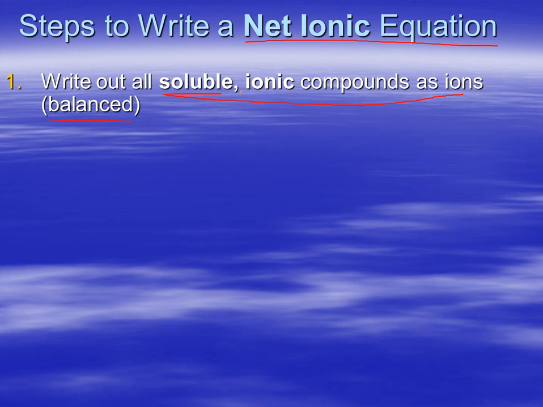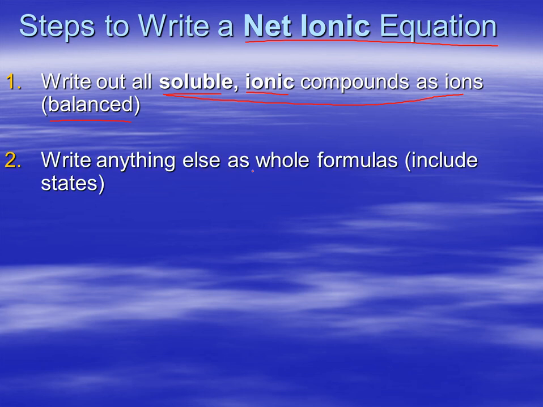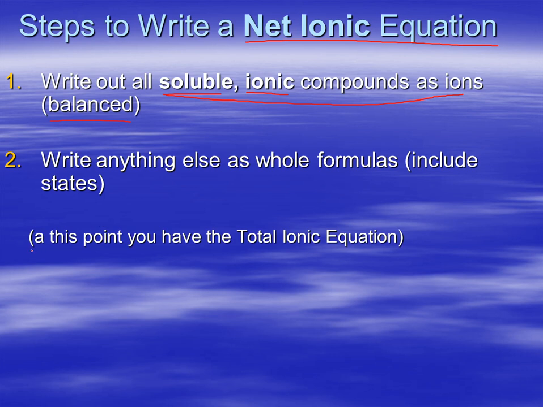If they are soluble and ionic, write them as ions, keeping them balanced. Anything else, keep in the formula, together. For example, if you look up lead 2 chloride, we see that it's solid, so we're not breaking it up into its ions. At this point we have what's called the total ionic equation.